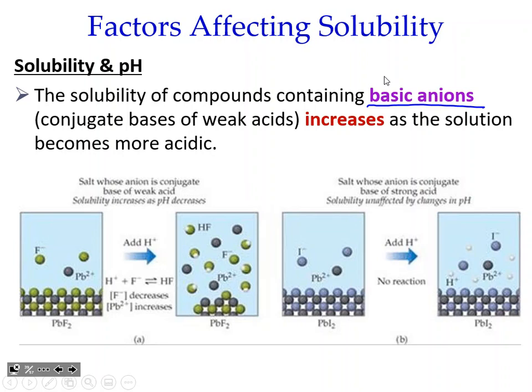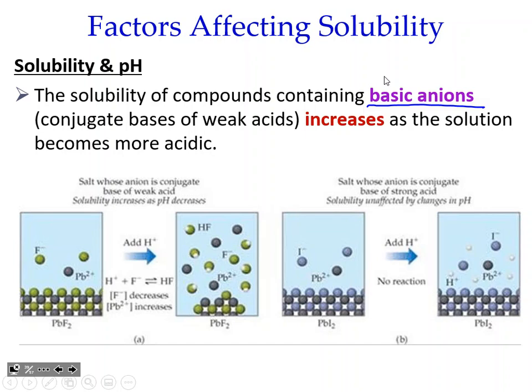By definition, the conjugate bases of weak acids are always going to be basic anions. What does that mean? It means it will react with water and produce a little bit of hydroxide. So, solubility of compounds containing basic anions, conjugate bases of weak acids, increases as the solution becomes more acidic.